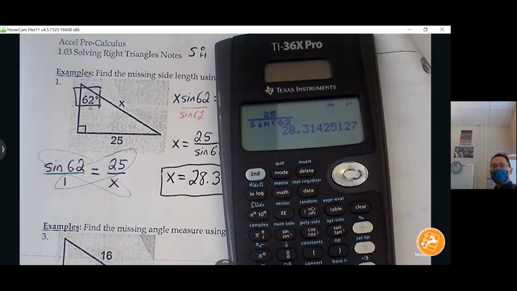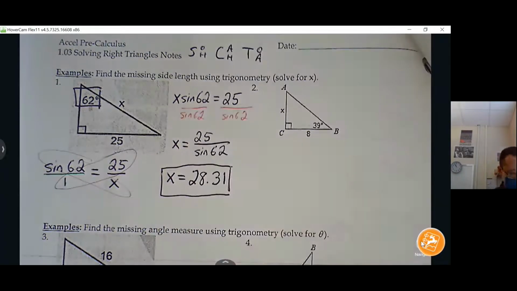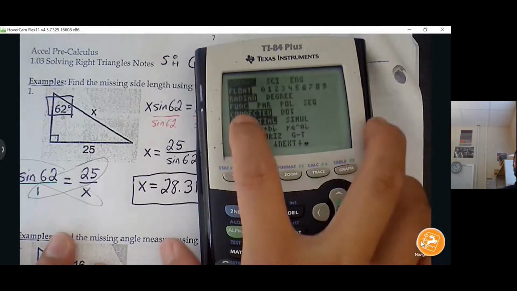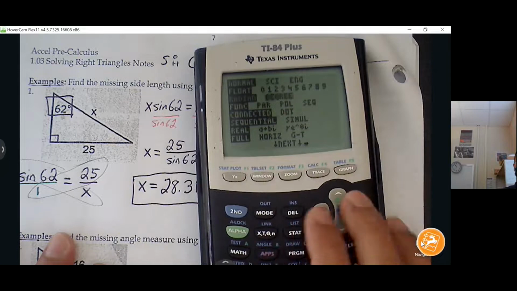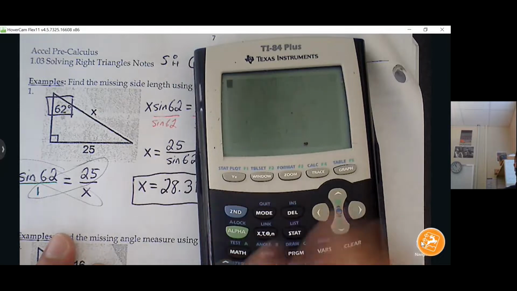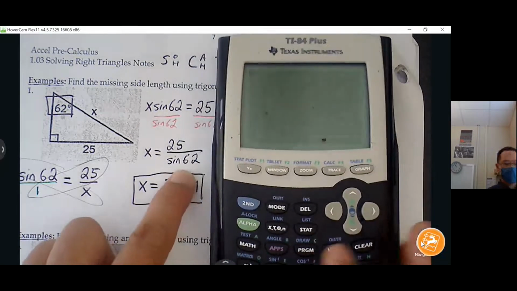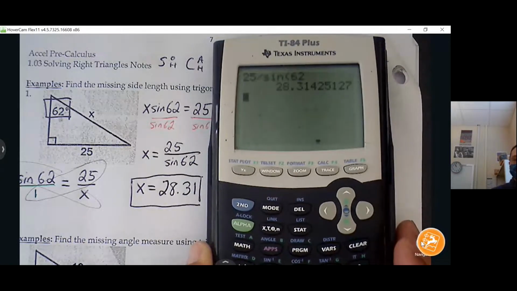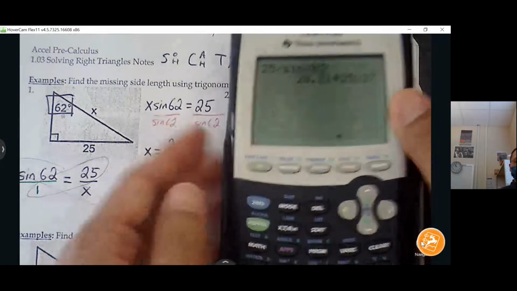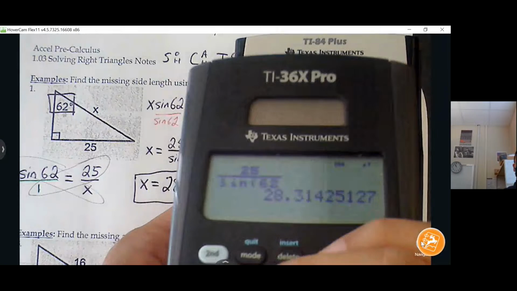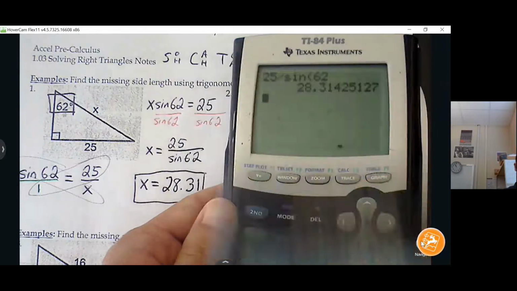How many of you are using a graphing calculator? Raise your hand. Okay. I do want to show you a feature here in case you don't know this one. So mode, you want to make sure that you're in degree mode. I'm not, so I have to click on degree mode. Second mode, we'll go back to your home screen. Now I can do 25 over sine 62 using a division sign, which is fine. There's also a nice feature where it'll have the math print that you see on this scientific calculator.